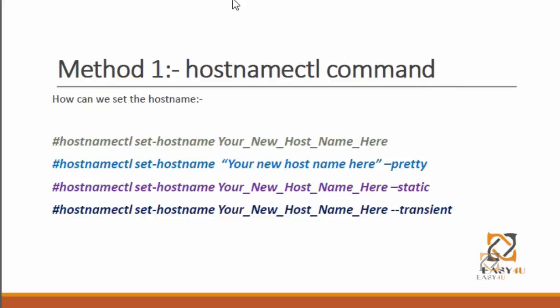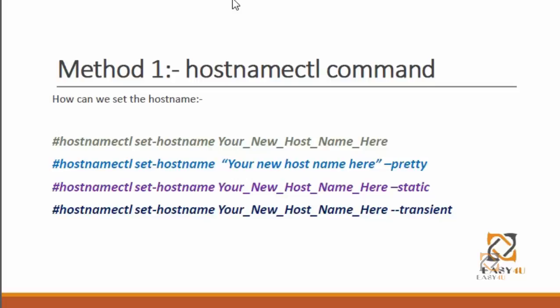How can we set the hostname using the hostnamectl command? To set the hostname, you need to execute this command: hostnamectl set-hostname, then type the hostname you want to set for your Linux machine. One thing you need to remember is don't use white space in your hostname.